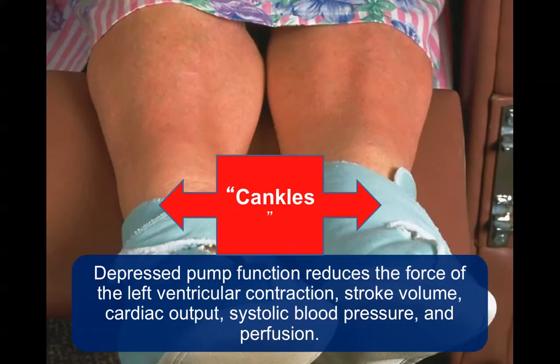So why this person is in shock: probably because he did have right-sided heart failure, but it has now progressed into left-sided heart failure, maybe due to a heart attack, and now the heart can't pump effectively, and it can't keep up the blood pressure. So there was plenty of blood volume.